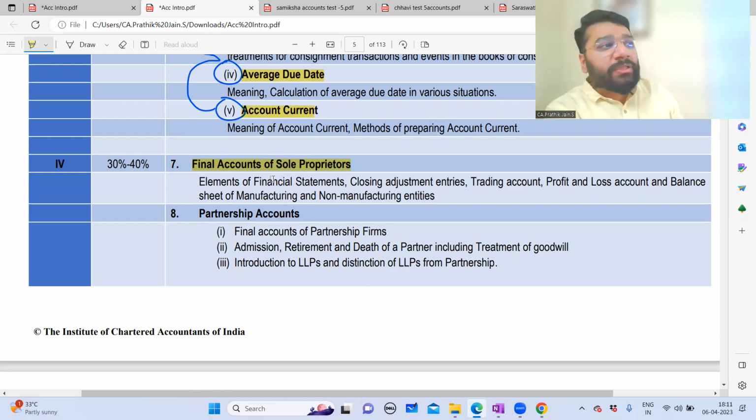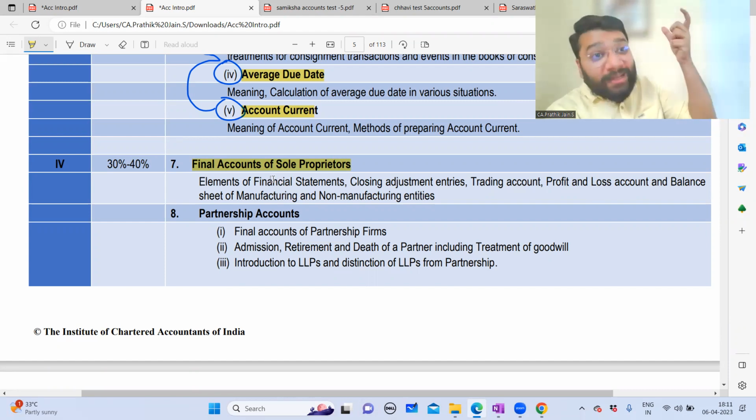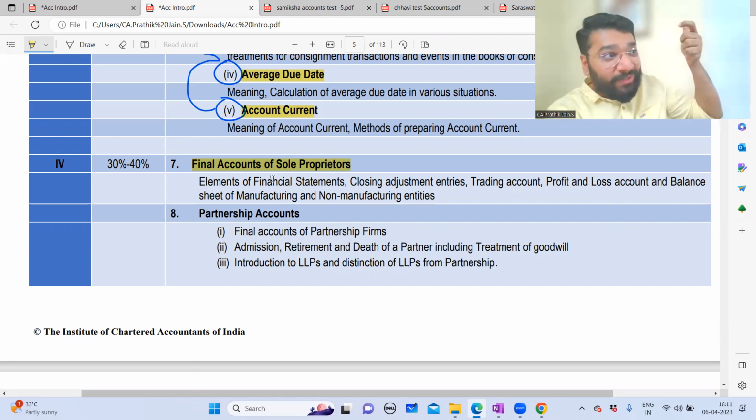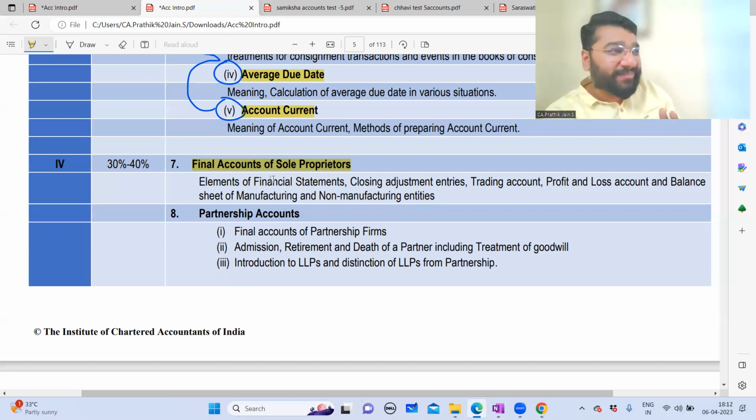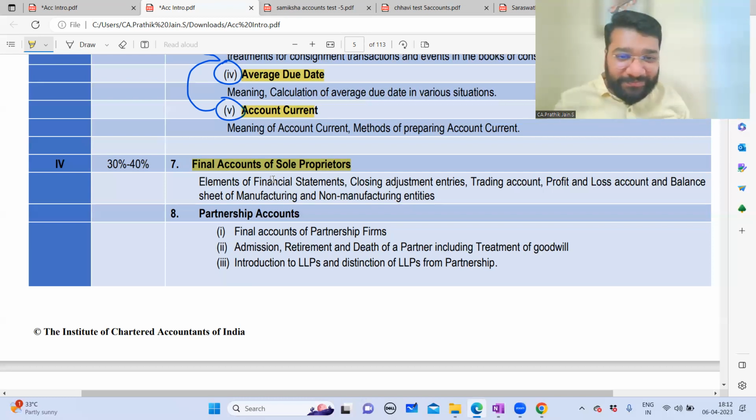Here in CA Foundation, you will study the same thing again, final accounts with adjustments, with little bit more complicated transactions. In addition to that, you will also learn how to prepare the final accounts for the manufacturing entity. In the non-manufacturing entity, what did you prepare? Trading account, P&L, balance sheet. Here it will be manufacturing account, trading account, P&L, and balance sheet. Something new, but very exciting.